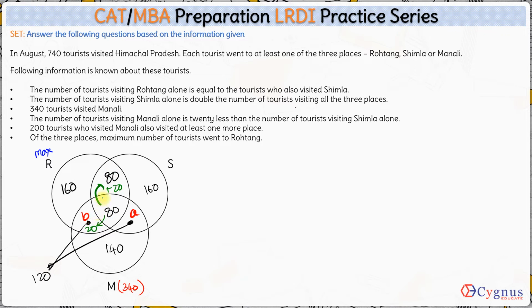So 40 people have already shifted. So the remaining 40 will shift to this particular region here, only two places, which is Shimla and Manali. So now we will have zero people visiting all three places. Out of 80, 20 have shifted here, 20 have shifted here, and the remaining 40 have shifted over here.